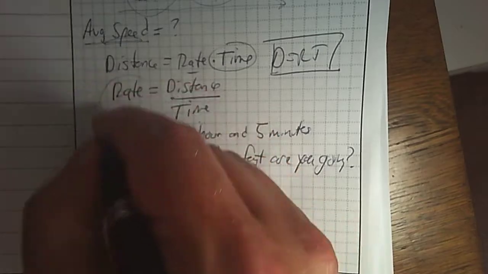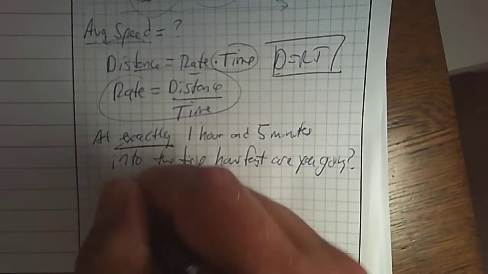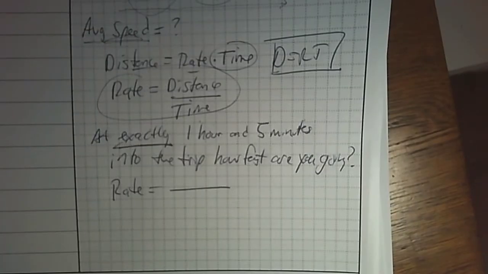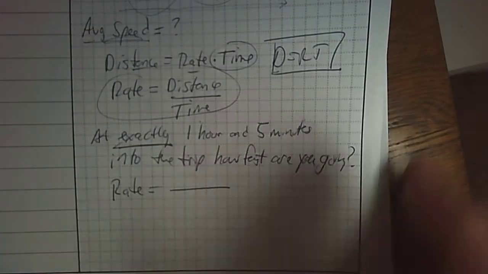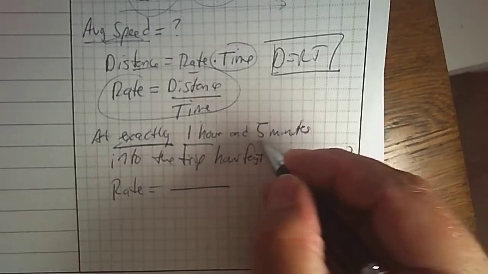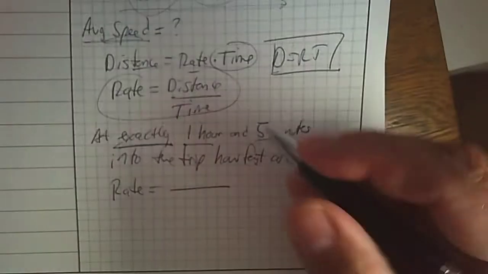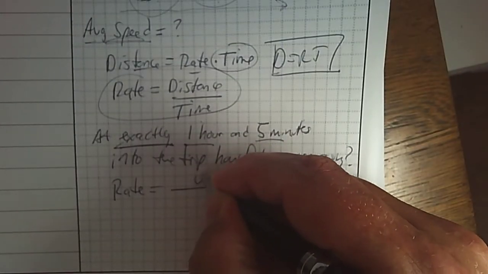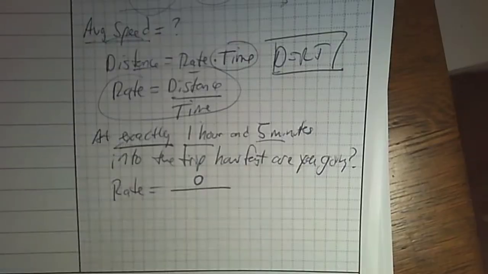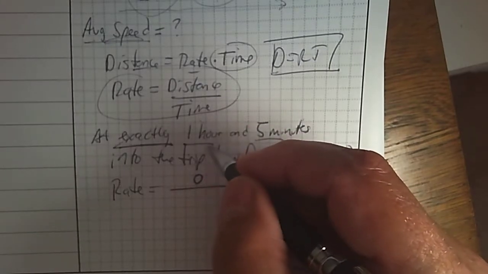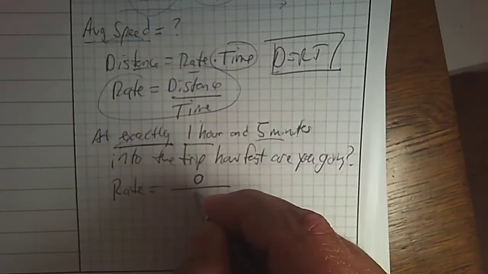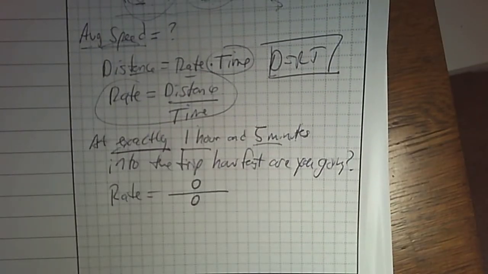So let's look back at this again, and then we're going to define it. So in this situation, in terms of distance divided by time, exactly at 1 hour and 5 minutes, well, we have not covered any distance at exactly that time. So 0 amount of distance has been covered. And the time at exactly 1 hour and 5 minutes, again, no time has been covered because it's exactly at 1 hour and 5 minutes.